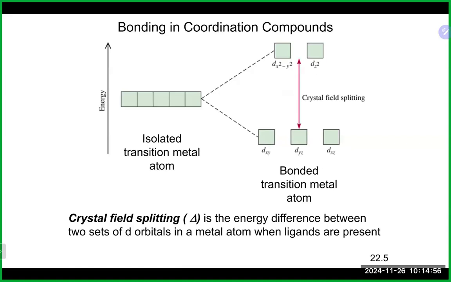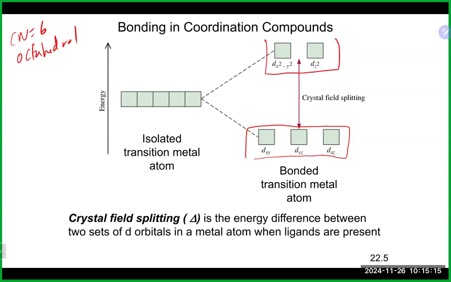In this particular case, what we're looking at is a coordination number of 6, and this is octahedral splitting here. And what you can see is we actually get 3 of the d orbitals, the xy, the yz, and the xz on the bottom. Get all of our squared guys up here, higher in energy. So there's actually an energy difference between the lower energy d orbitals and the higher energy ones.